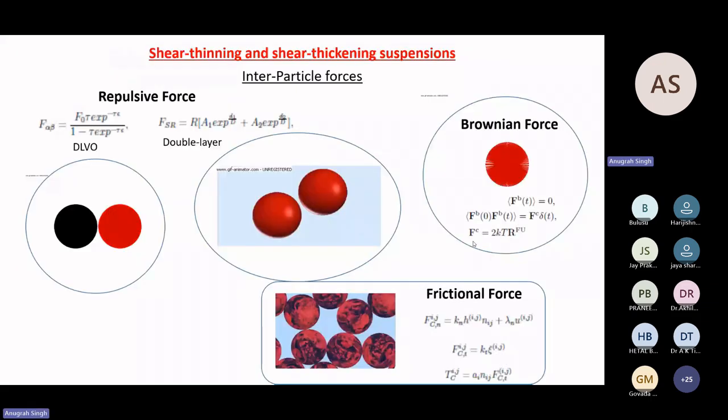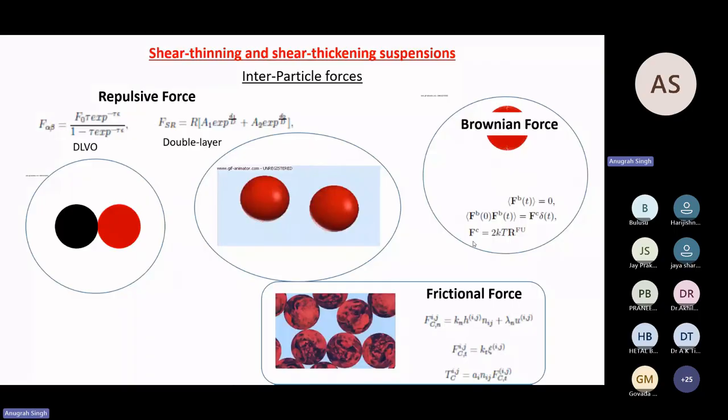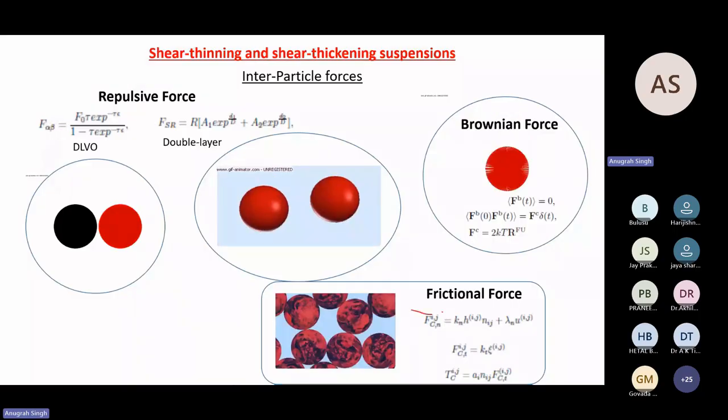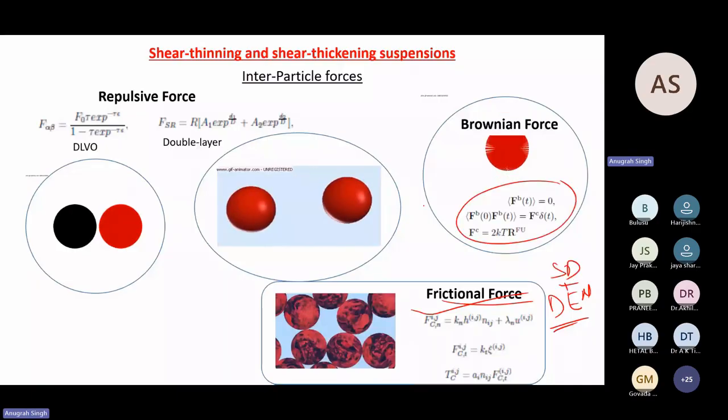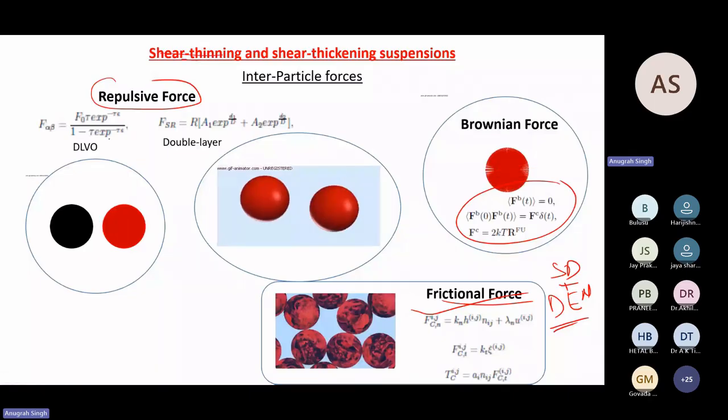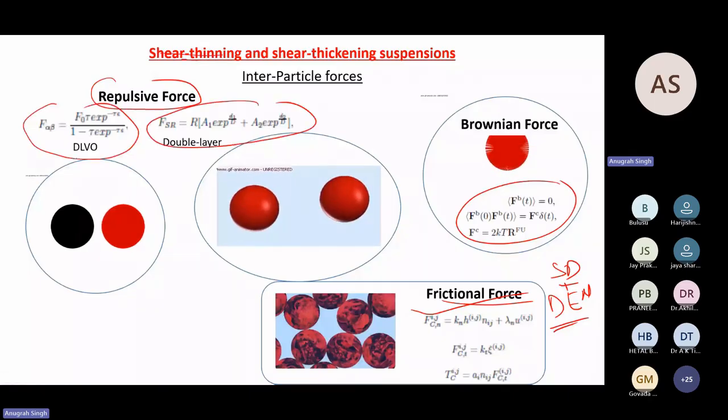Again, if you have a very dense suspension, where friction also comes into the picture, you can model it just like DEM. So you can couple Stokesian dynamics with DEM. Brownian force is easy. And if you want to capture shear thinning, then you'll have to use a double layer repulsive potential, also DLVO.